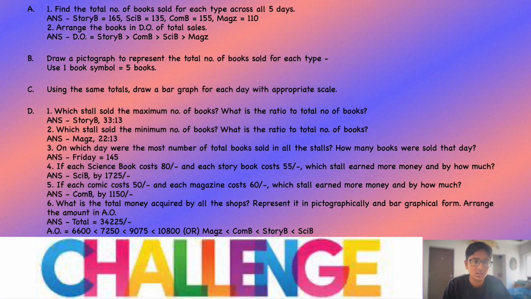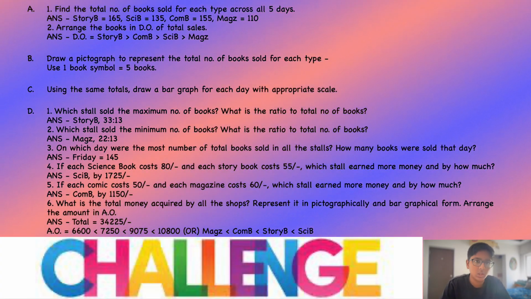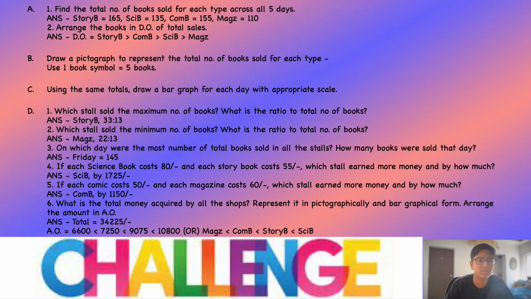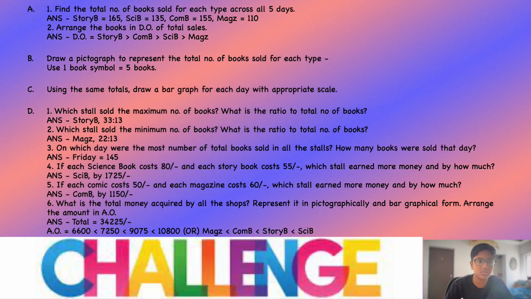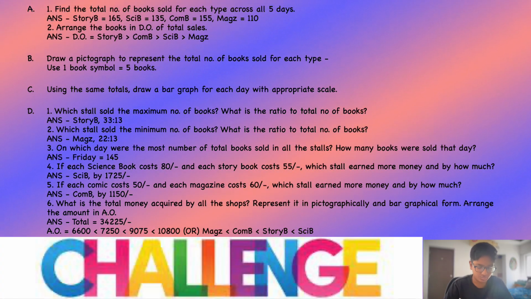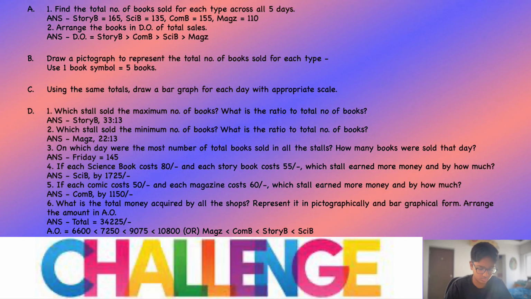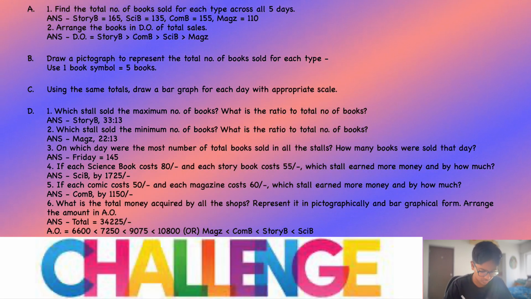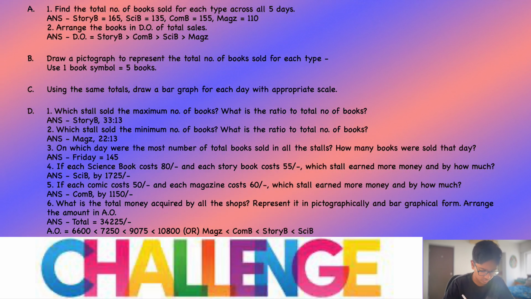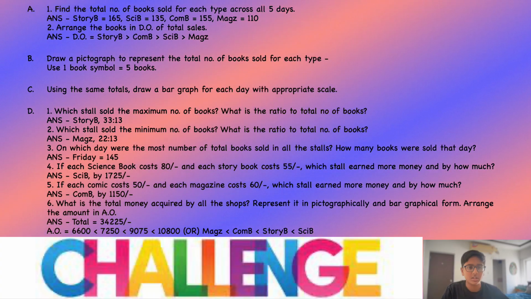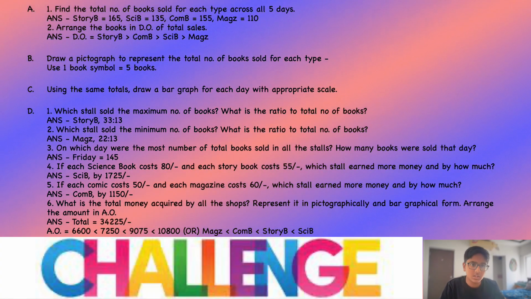The total is 165, 135, 155, 110, which is 565. So the ratio is 165 by 565, 33 is to 113.